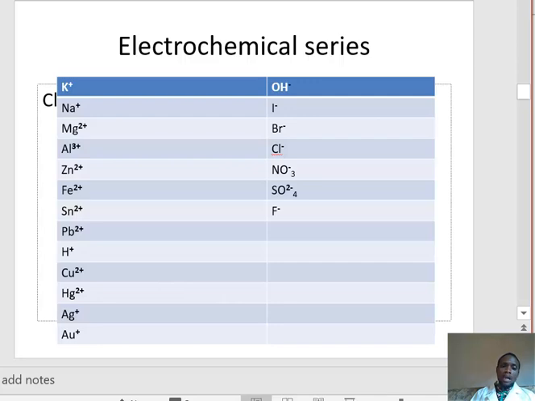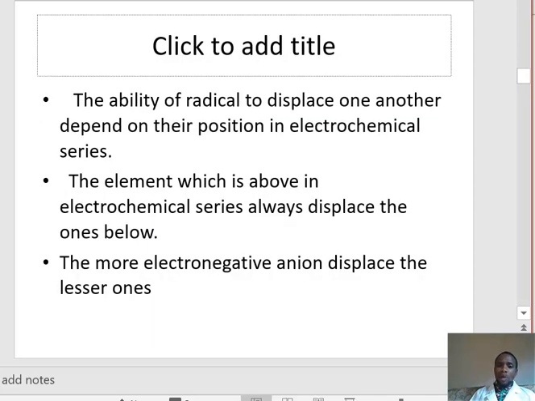So the ability of radicals to displace one another depends on their position in the electrochemical series, meaning the electropositive element which is above in the electrochemical series always displaces the one below, while the more electronegative anions displace the lesser ones. You note that.